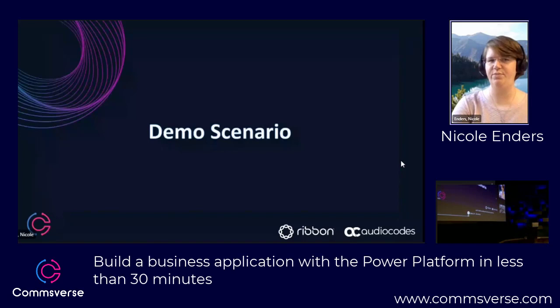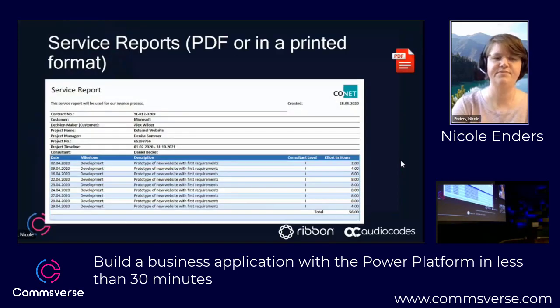So about the demo scenario, before we go into the live environment. If you see an example of a service report, it can look like this. Could also look completely different, but I've chosen this layout for the service report.